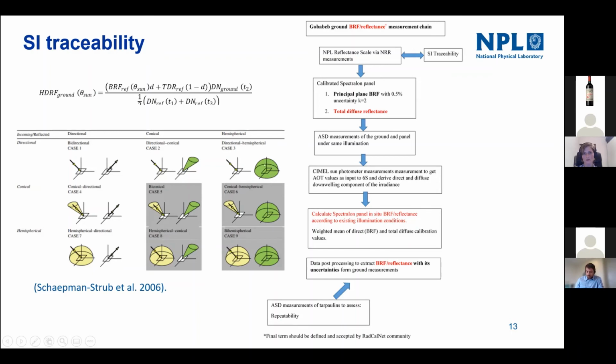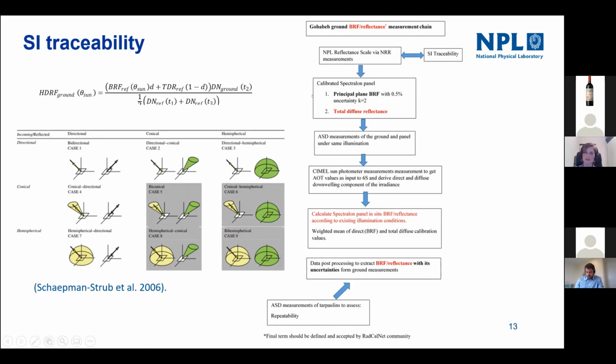We should look a little bit more and try to know really the BRDF of that panel, which will be the directional to directional illumination, and vary it with our solar illumination during the measurement. So for example, that BRDF of the panel will change depending if our solar zenith angle is 20 degrees or 30 or 40.